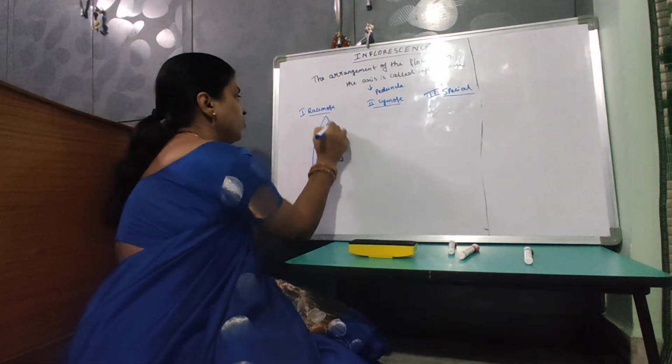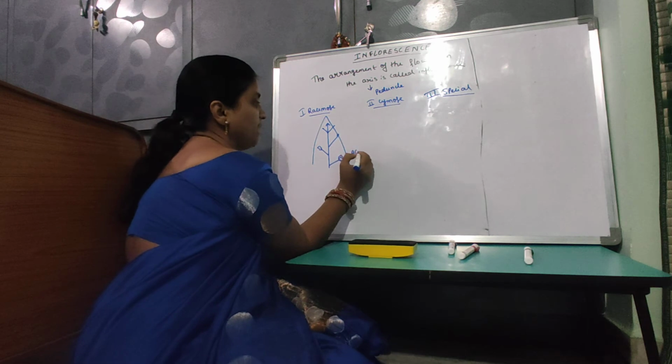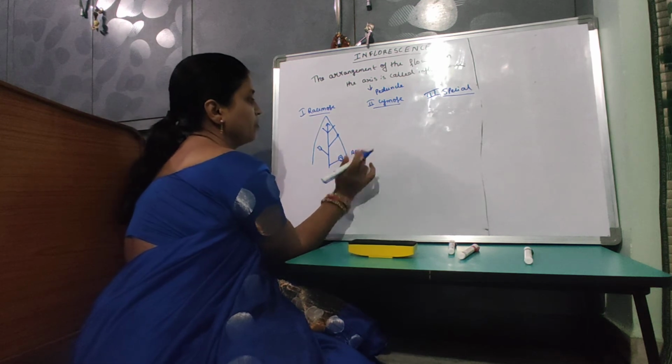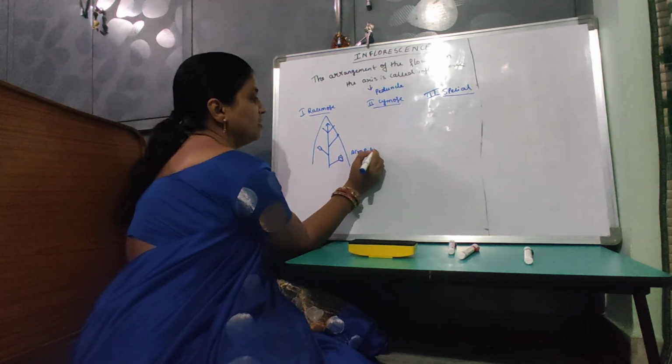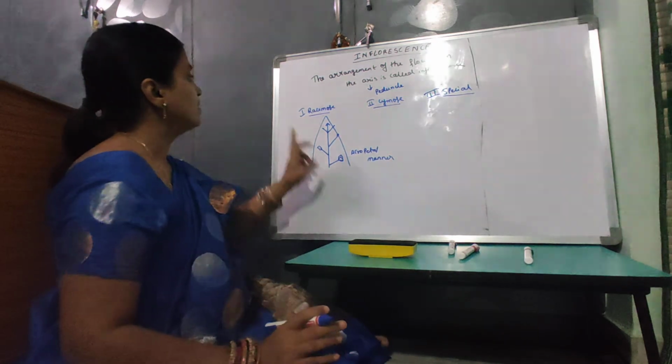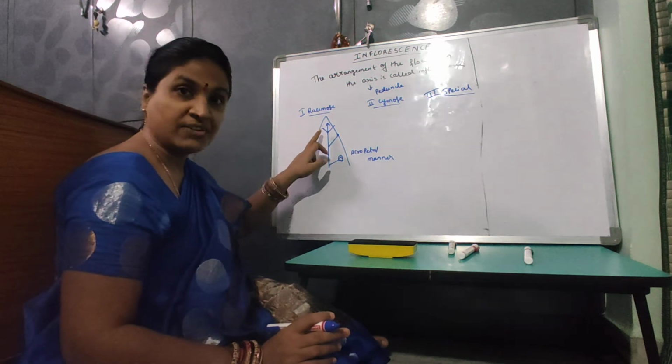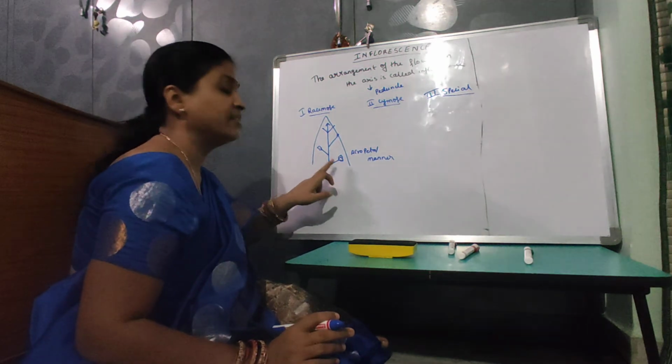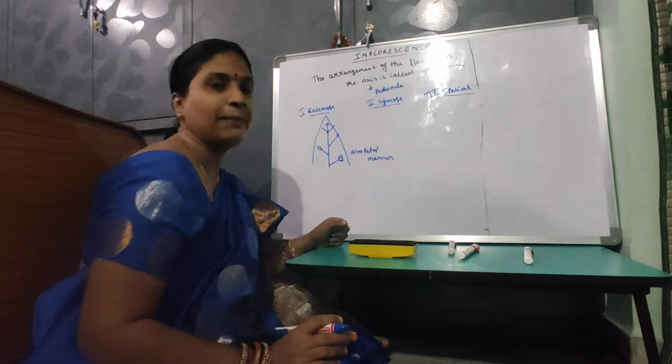So the peduncle grows indefinitely, with older flowers at the base and younger flowers at the apex.